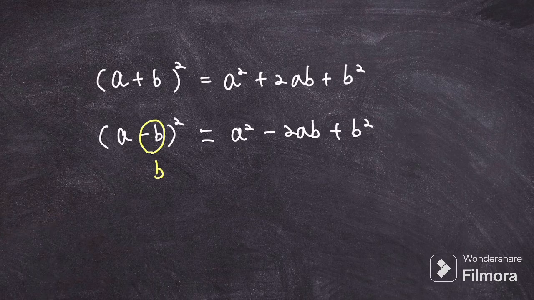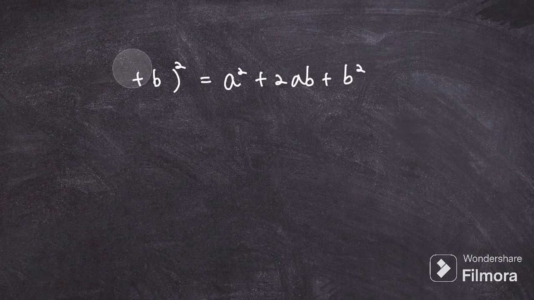So the last question that I wanted to go over with you is the following. What if we have negative 2 plus, let's make it square root of 5, squared. How would you solve this?